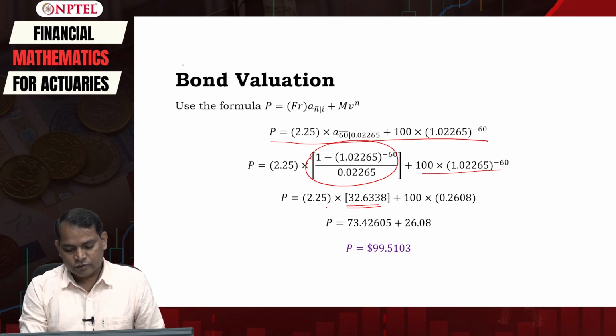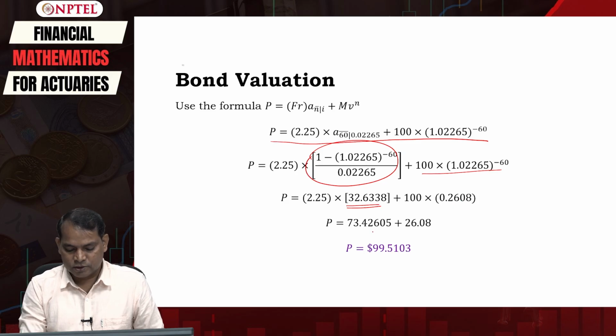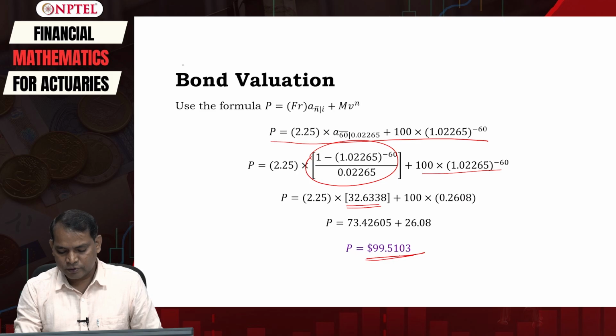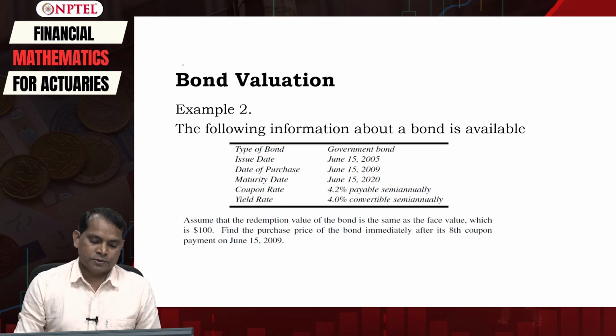So 2.25 multiplied by 32.6338 plus 100 multiplied by 0.2608 gives P = 99.51, that is $99.51.